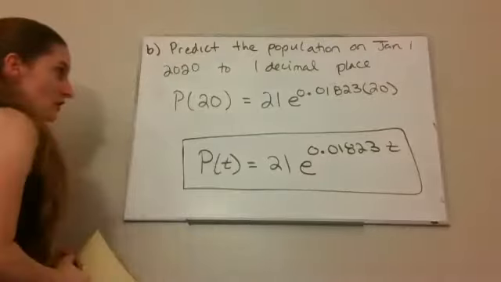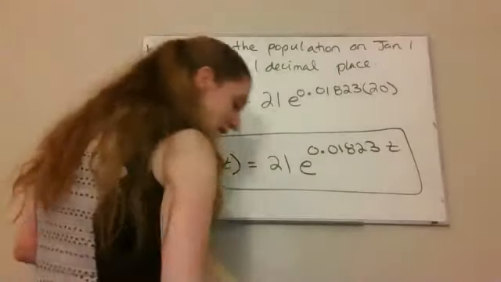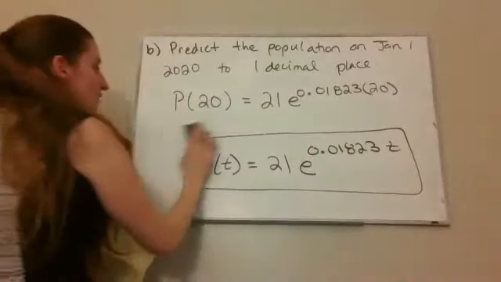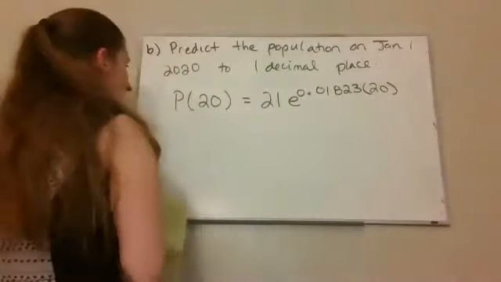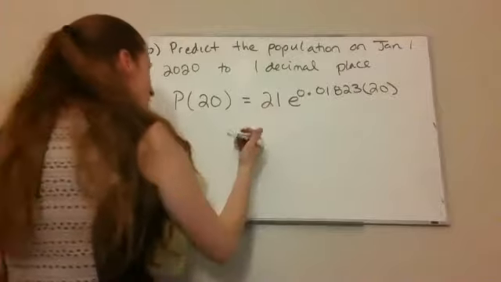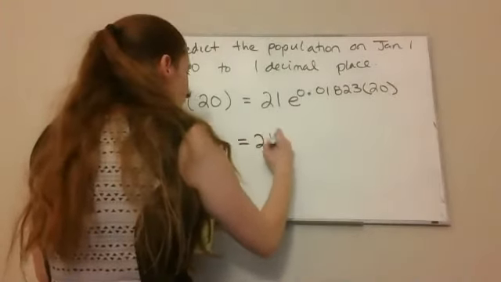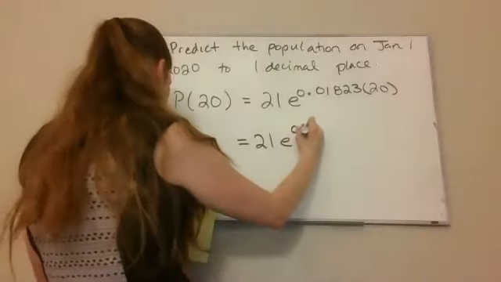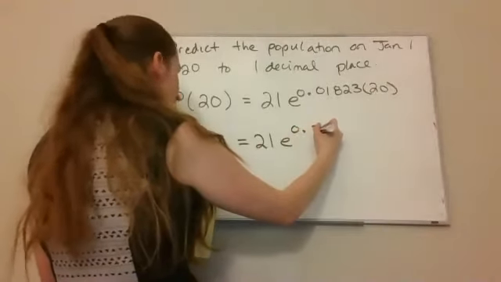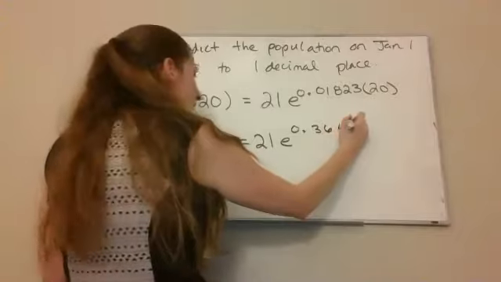Then all I have to do is type all that into my calculator, and it will tell me what the population is predicted to be. That's a lot to type in all at once, so sometimes I like to type the exponent in first, and I see that the exponent simplifies to 0.3646.